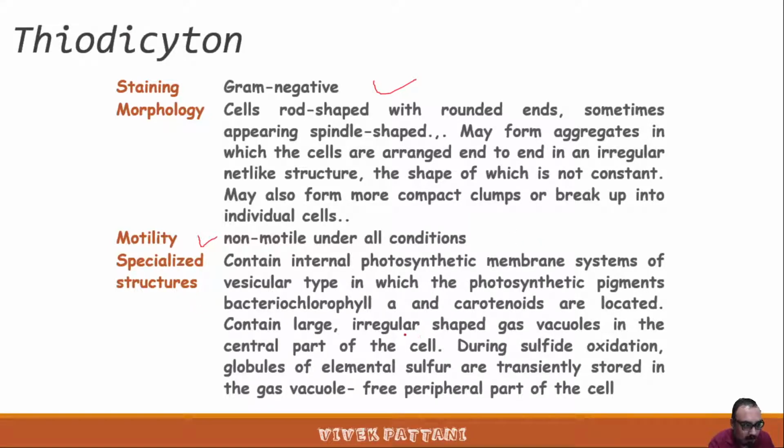They contain large irregular shaped gas vacuoles in the central part, which are not found in all photosynthetic bacteria, and during sulfide oxidation globules of elemental sulfur are transiently stored in the gas vacuole and free peripheral part of the cell.